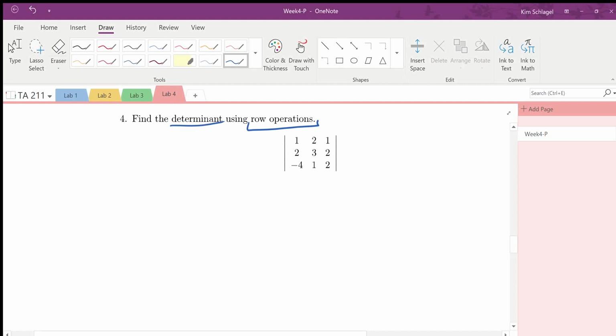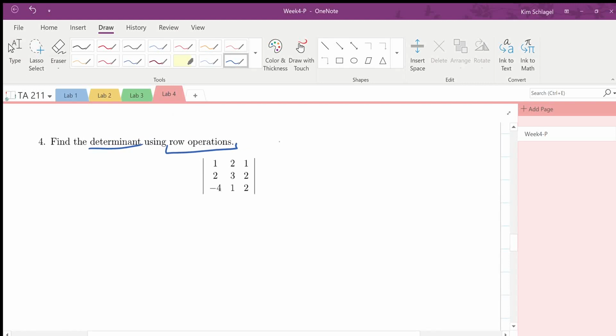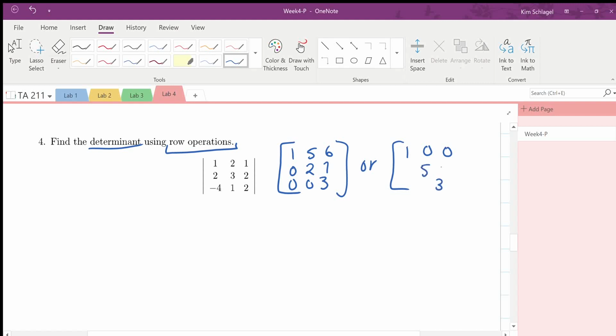You should have learned in class that if you have any matrix of this form, or any matrix of this form, I'm just making up a matrix here, where you have either all zeros in the lower half or all zeros in the upper half, so an upper or lower triangular matrix, then all you have to do to find the determinant is multiply the numbers along the diagonal, and that is your determinant.